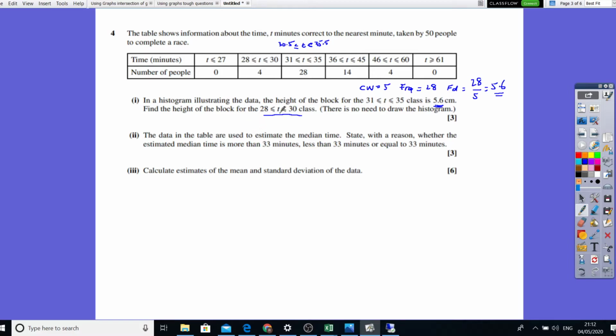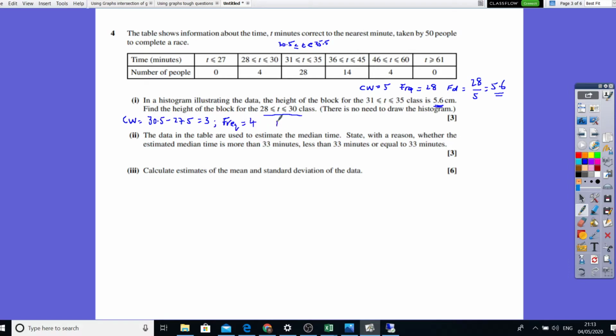So when we're doing this, we see the upper bound of this is going to be 30.5, take away 27.5, because we're looking for the class width here. So 30.5 take away 27.5 is going to give me 3. Now, for this one, the frequency is 4.